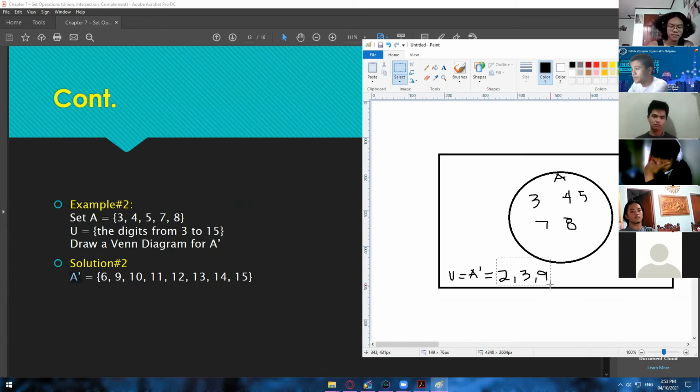And for the A complement, we do have here 6, 9, 10, 11, 12, and so on and so forth up to 15. Okay. So are we clear for this example number 2?